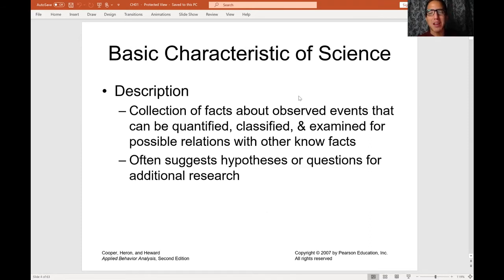Description is about collection of facts about observed events that can be quantified, classified, and examined for possible relations with other known facts. Often suggests hypotheses or questions for additional research. So here the important thing is that we're collecting facts, we're collecting evidence about the events that we observe so that then later we can quantify them, we can classify them, and then they can be examined, right?